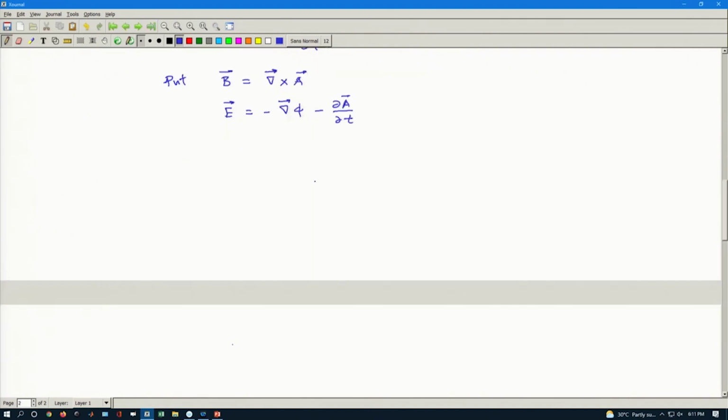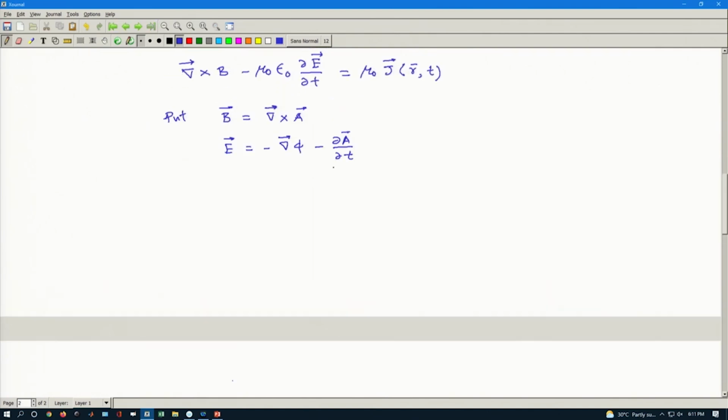So, we get something like curl of B. So, we should get like this, curl of A, I just replace B with curl of A, minus mu 0 epsilon 0, and then I have del T of this quantity.